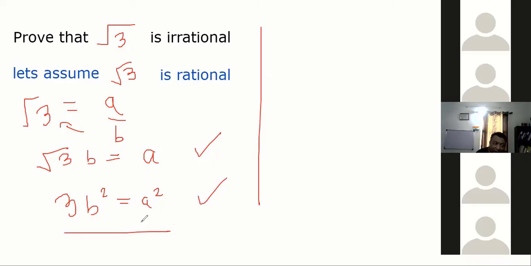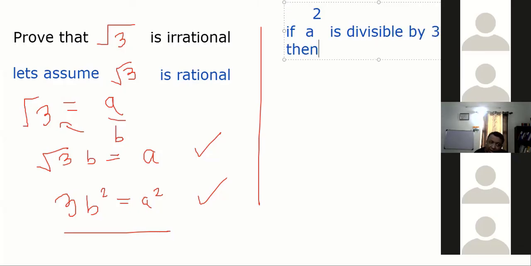Now if a square is divisible by 3, the theorem says if a square is divisible by an integer, a will also be divisible by it. Here the case is 3: if a square is divisible by 3, then the theorem says a is also divisible by 3.